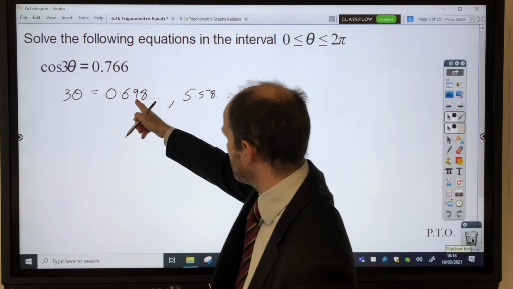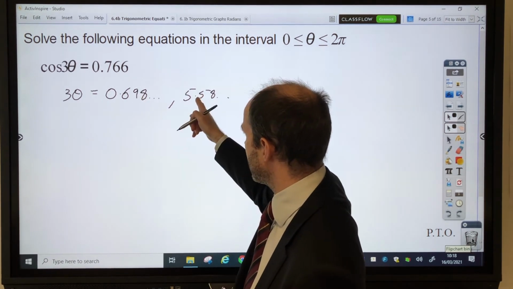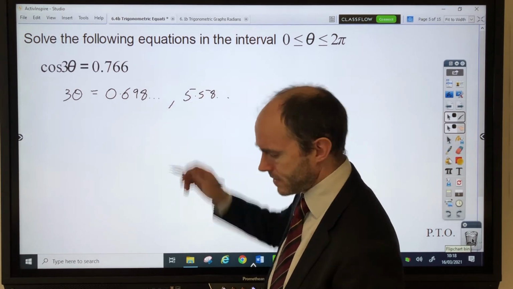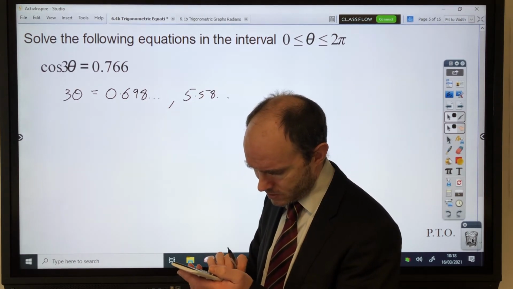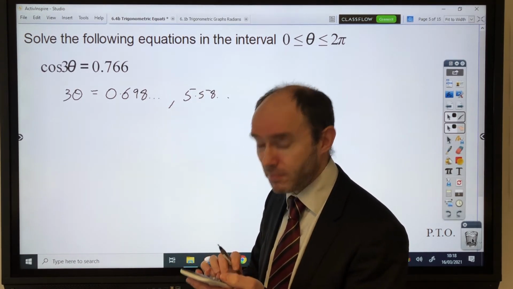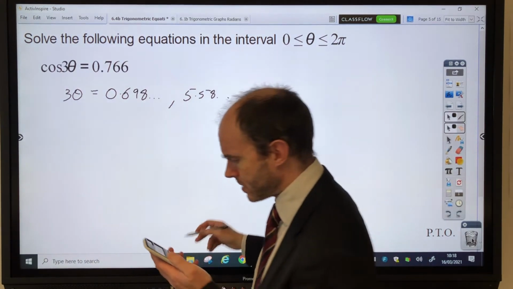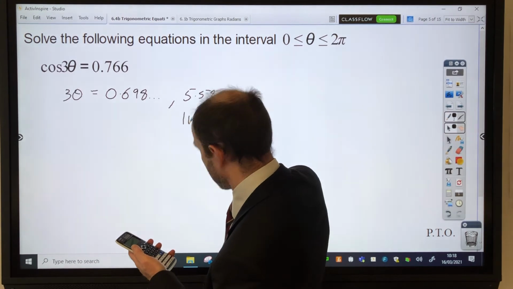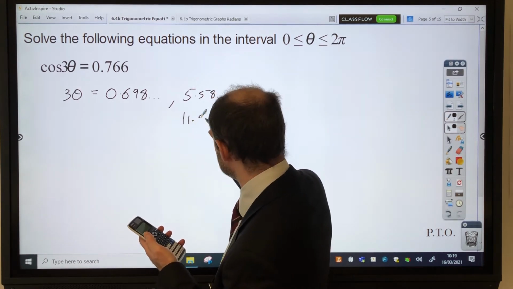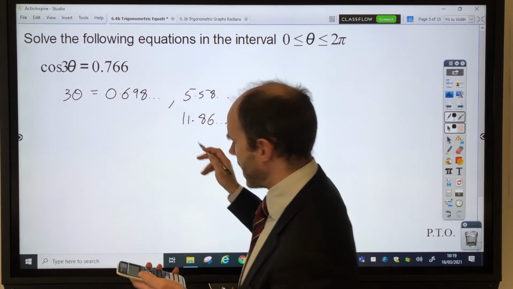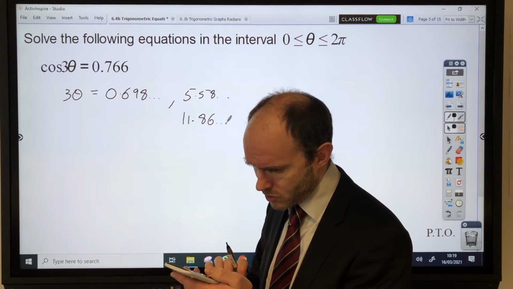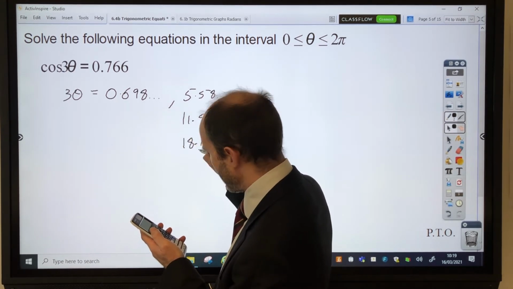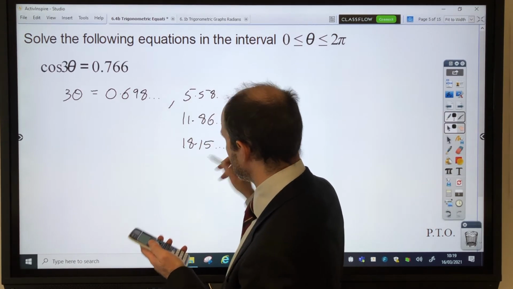So if I add on 2 pi to this answer here, 2 pi to that answer there, and so on. I did that one first because that was in my calculator display, I'll get 11.868. And if I add on another 2 pi to that, you're going to get 18.15 something, okay?